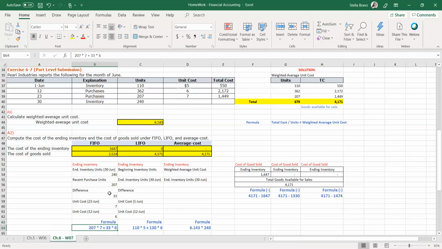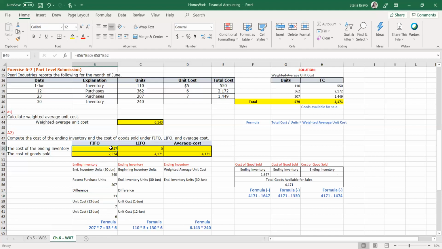To calculate the ending inventory for our FIFO account, we need our last purchase units times our last purchase unit cost, plus the difference between the ending inventory units and our last purchase units times the first purchase unit cost.